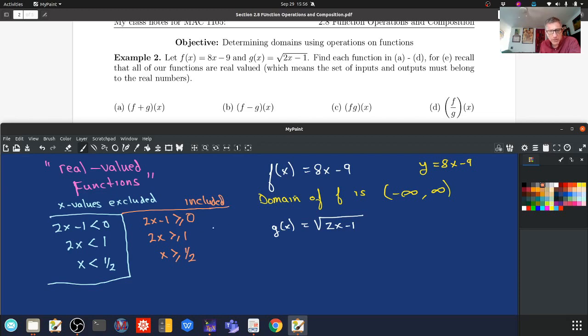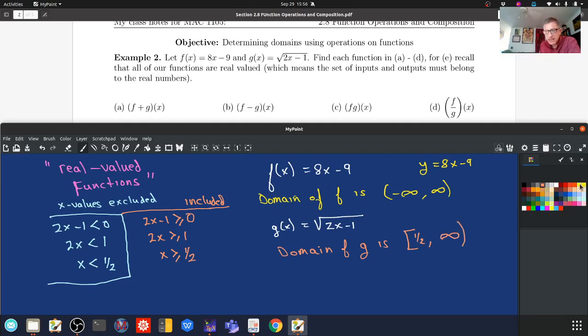I'm so used to doing operations on sets that going from excluded to included is just a piece of cake, but you all are new at this. So the domain of G is 1/2 is included, and it goes all the way to infinity.